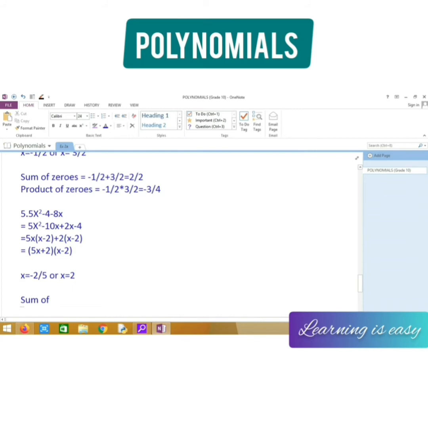We can now verify the sum of zeros. That's minus 2 by 5 plus 2. So we need to take the LCM. So 5 twos are 10, plus 10 minus 2. That's going to be 8 by 5.